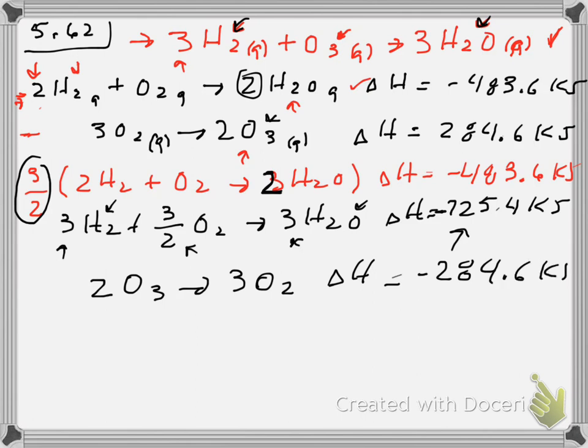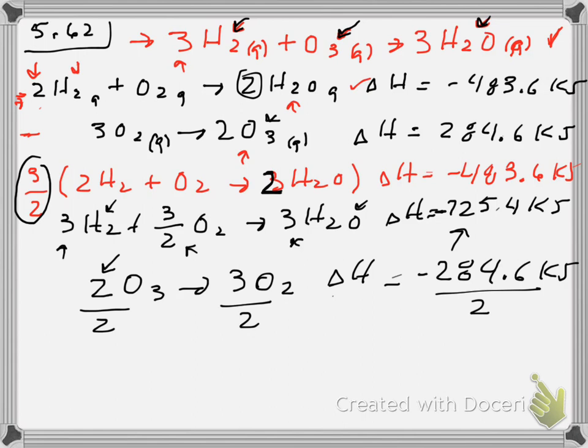284.6, and I'm almost there, except in the equation they're asking me about, the O3 has a coefficient of 1, but down here I've got a coefficient of 2, so I'm going to need to divide everything by 2, including the delta H value. I can put that like this.